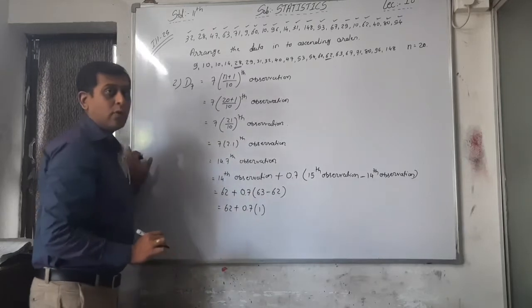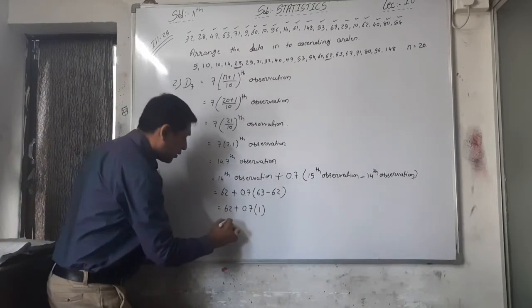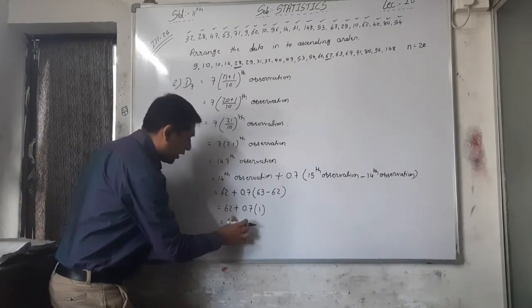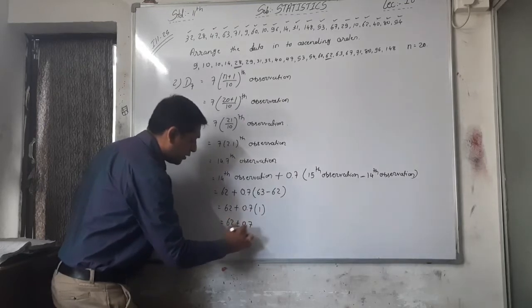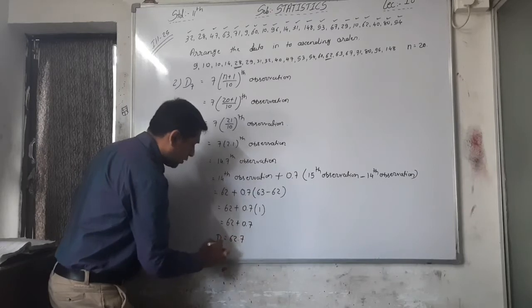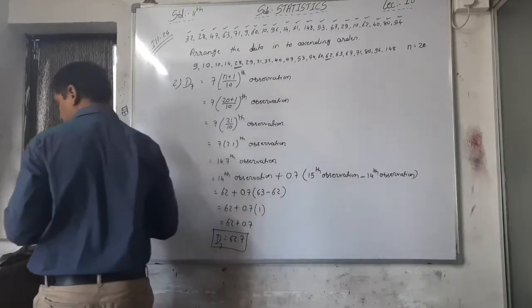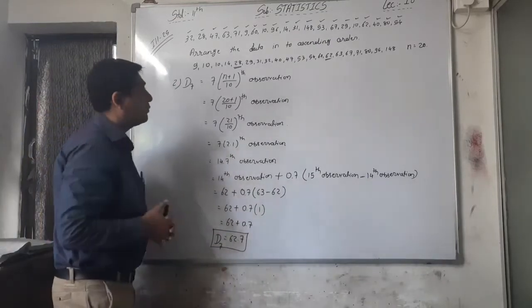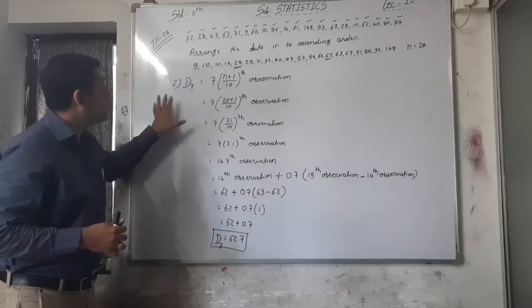First of all, you subtract this: 63 minus 62 is 1. Now 1 into 0.7 is 0.7 as it is. So your answer is 62.7. D7 is equal to 62.7.